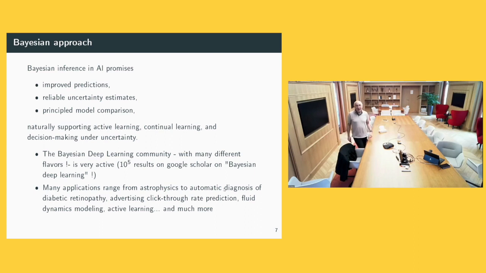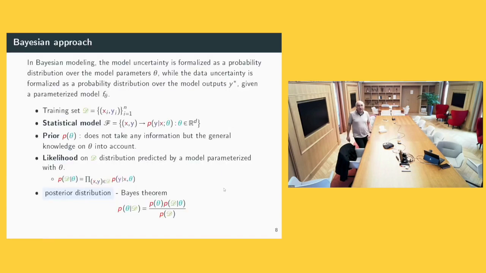And you can find applications from astrophysics to medicine, and also advertising, click-through rate prediction, PDEs, active learning, and much more. What you do in a Bayesian approach is a very simple-minded idea. You take the same training set and typically the same statistical model, as I said, a ConvNet, a ResNet, or something more fancy, a UNet if you are doing image segmentation.